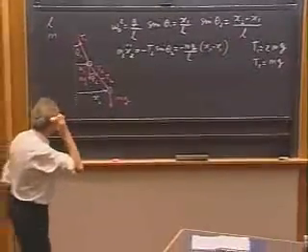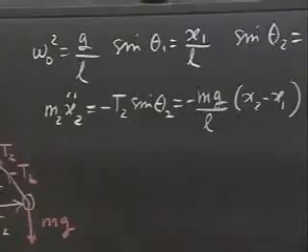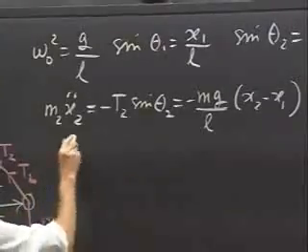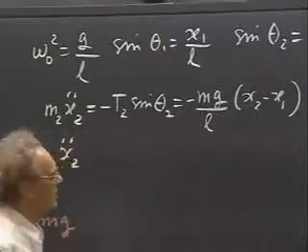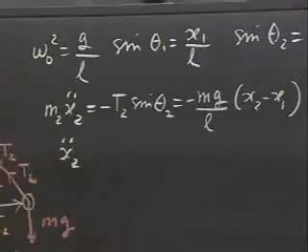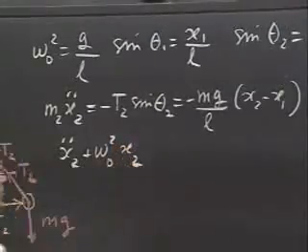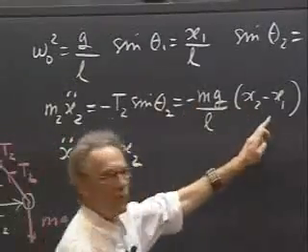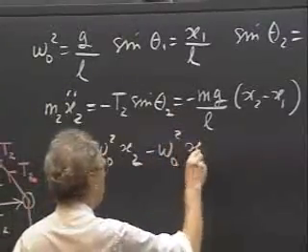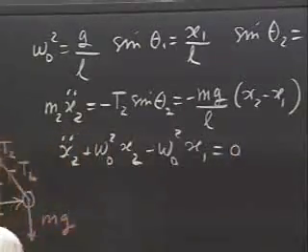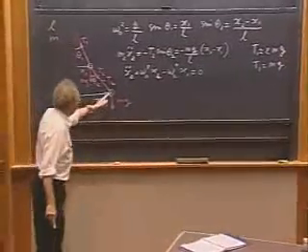We divide out m, and we use our shorthand notation, and so we get that x2 double dot, and now we have here minus mg over L x2, so that comes in and that becomes a plus. So I get plus omega 0 squared times x2. I have here plus x1. When that comes in, that becomes a minus. So I get minus omega 0 squared x1, and that equals 0. So this is my first differential equation for the second object.